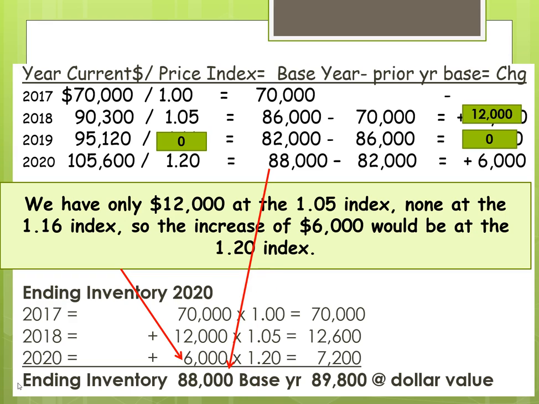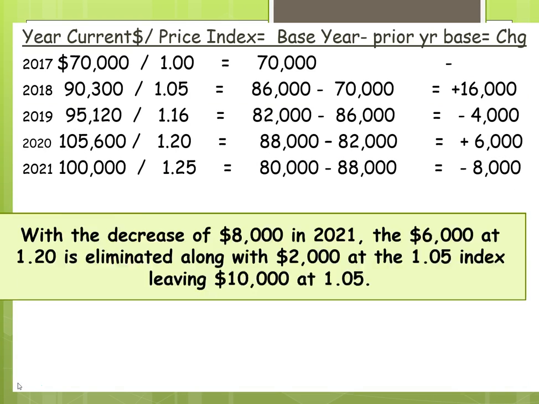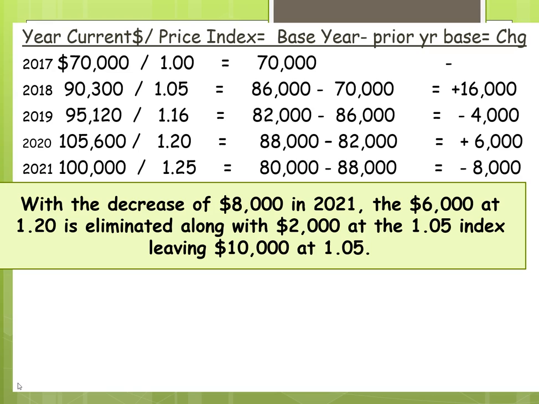Now we have year 2021. And we went down by 8. So with the decrease of 8, we're going to use none of the 1.25. We're going to eliminate the 2,000, leaving 10,000 at 1.05. So that's gone away.